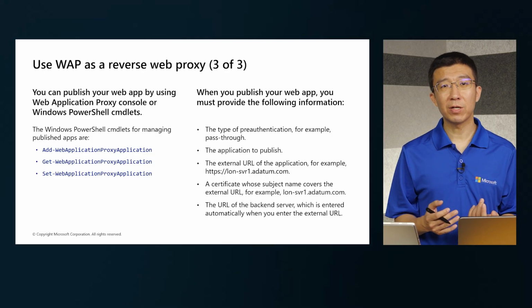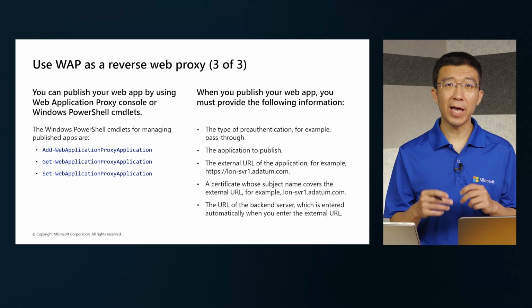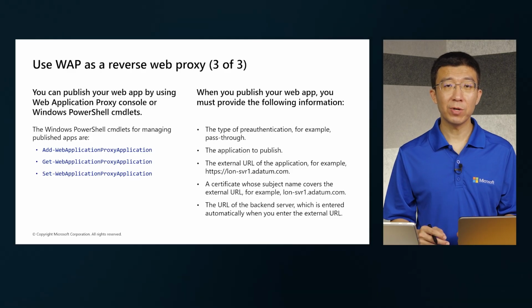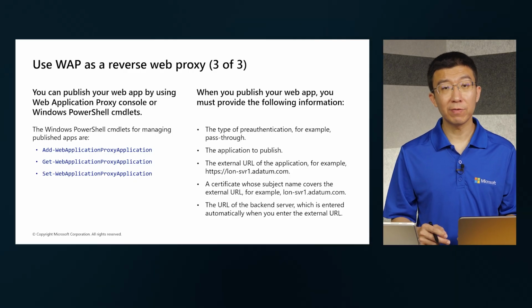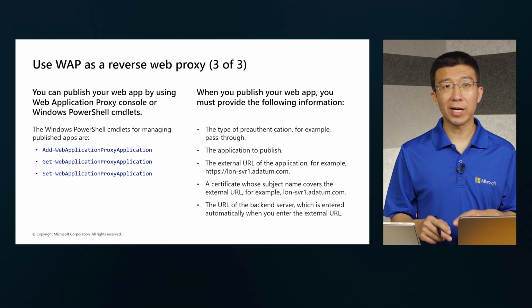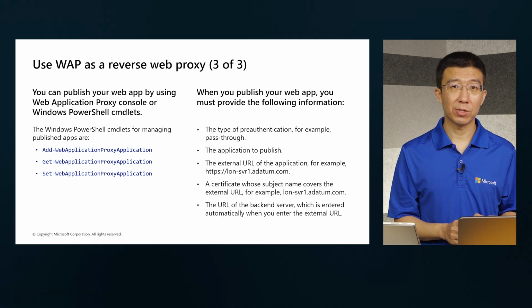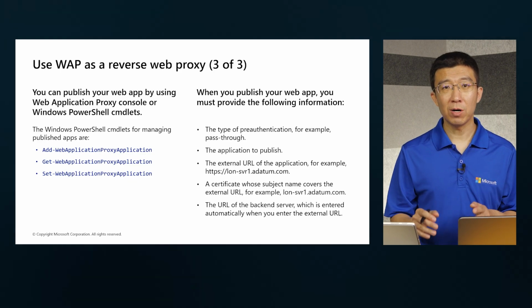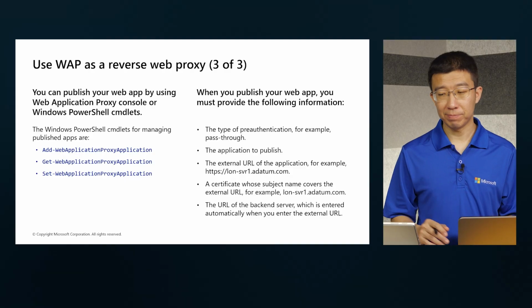The configuration wizard will also ask for the ADFS name, administrator credentials, and an ADFS proxy certificate. This process ensures that your web applications are securely accessible to remote users while maintaining strong authentication and encryption.